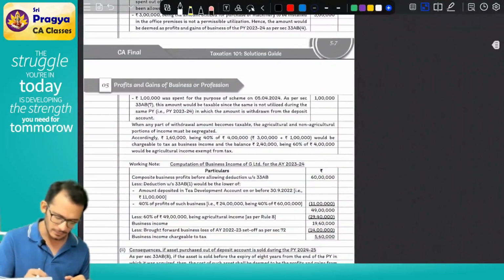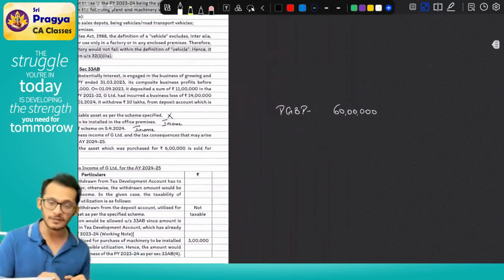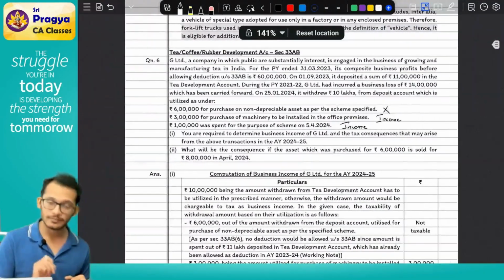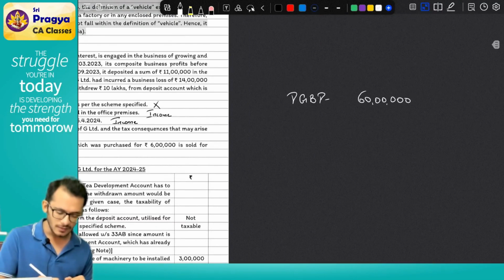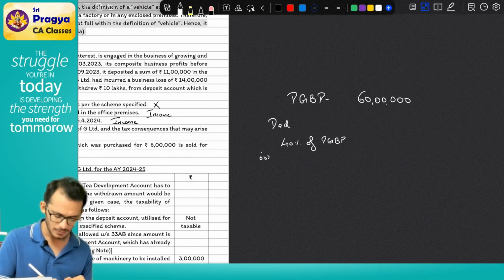Now, in this PGBP, I am coming and saying that I have deposited how much? 11 lakhs. Can I claim the whole 11 lakhs? Yes, because deduction is 40% of PGBP or actual deposit, whichever is lower. 40% of PGBP is 24 lakhs.